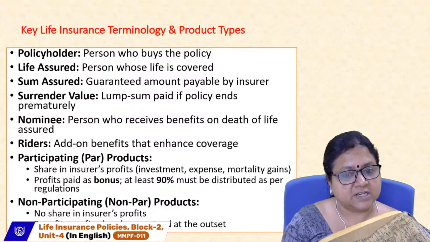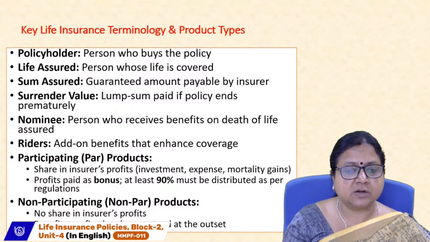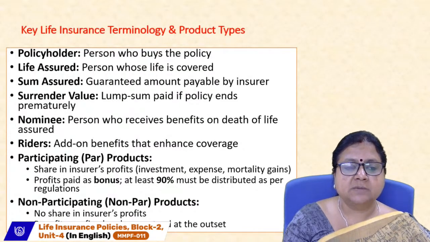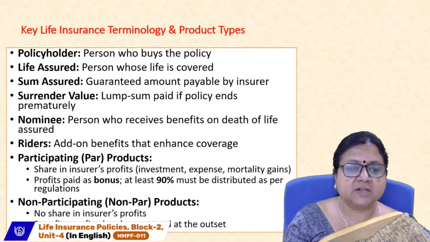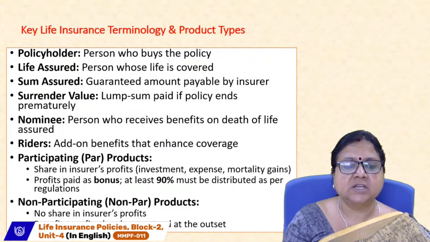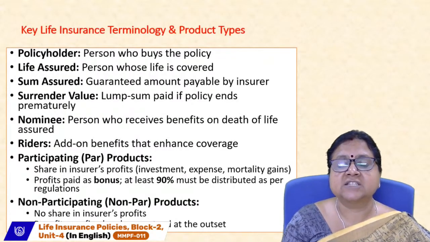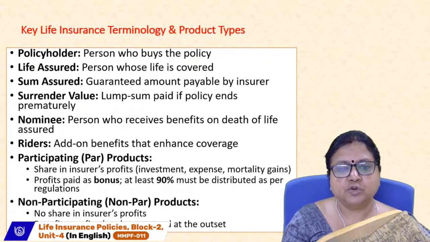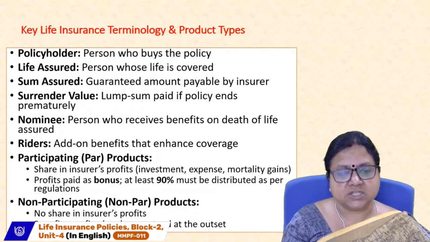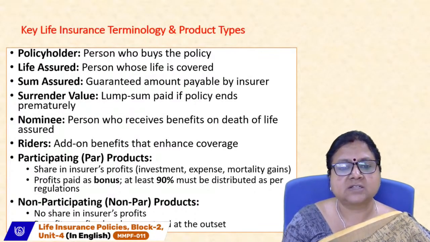Now riders, we will explain about the riders later in the subsequent slides, but to be very brief, riders are add-on benefits that enhance the coverage. So you might get certain bonus when there are certain riders.